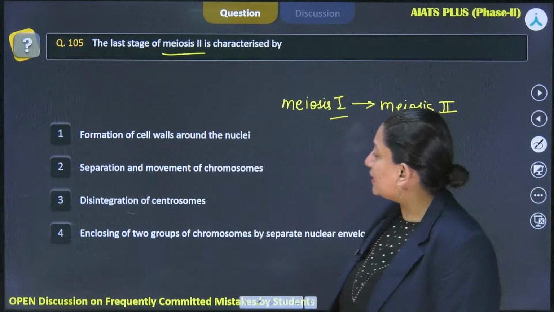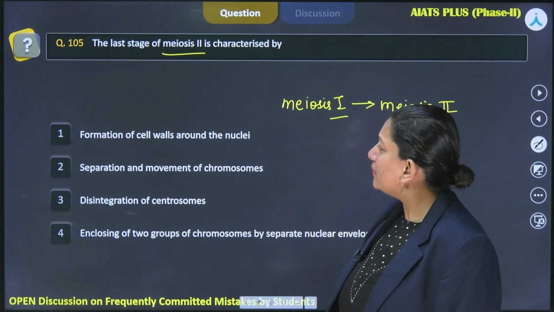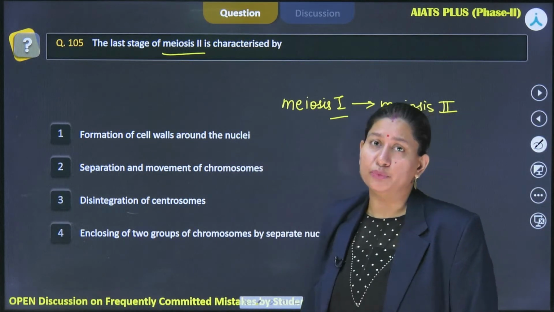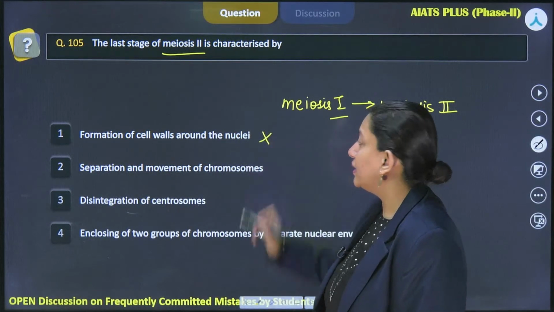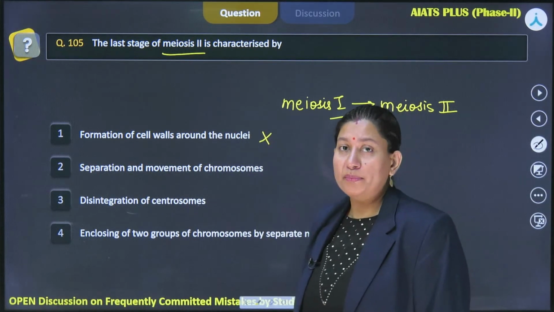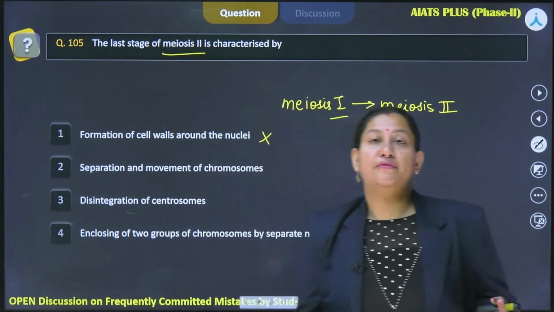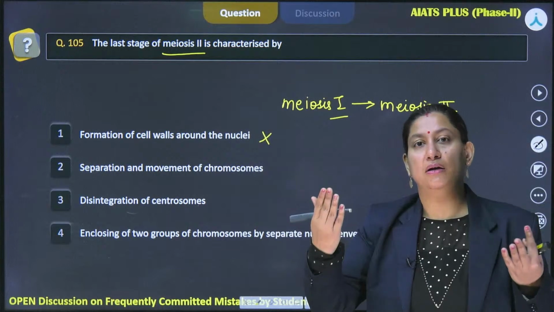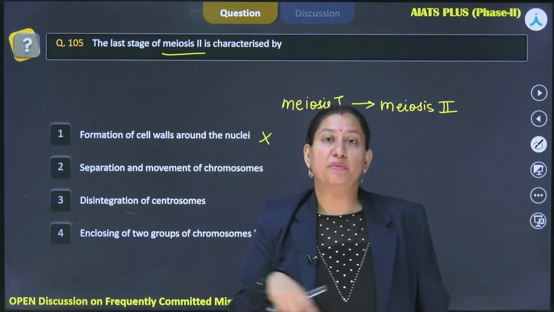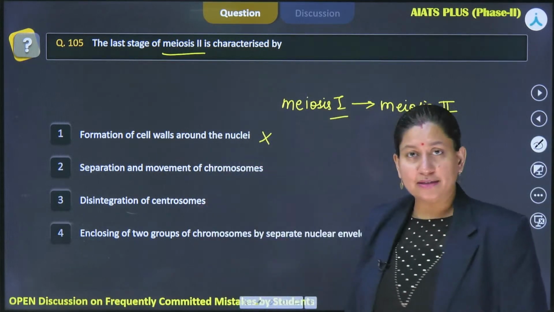Over here it says formation of cell walls around the nuclei. This is incorrect, right? Cell wall formation is not going to occur around the nuclei, but if it's a plant cell, then it will be around the cell membrane. So that's why this is an incorrect option.